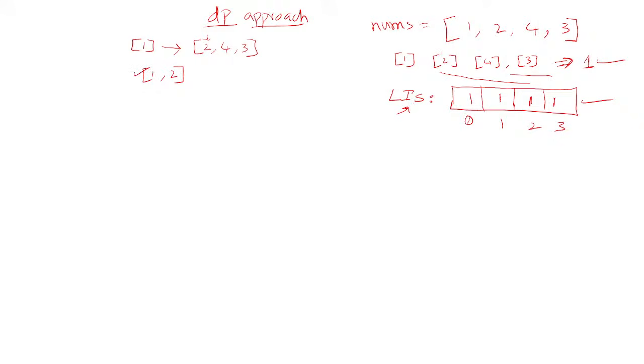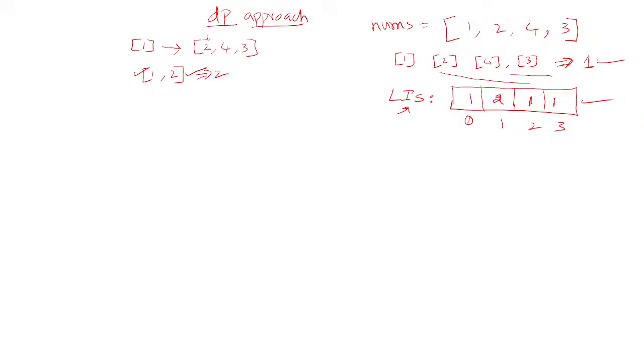So that means at index 0 and 1, these two are forming an increasing subsequence whose length is equal to 2 here. Then I increment this value here.